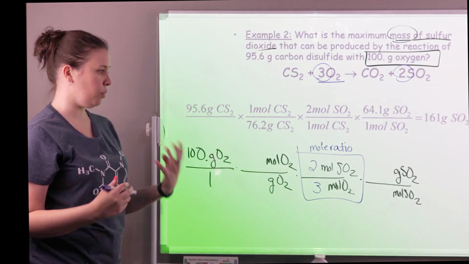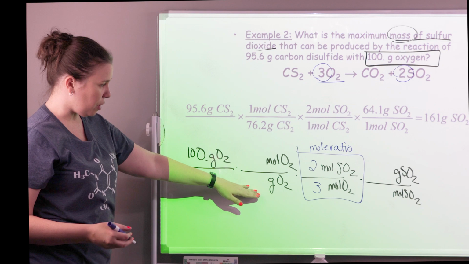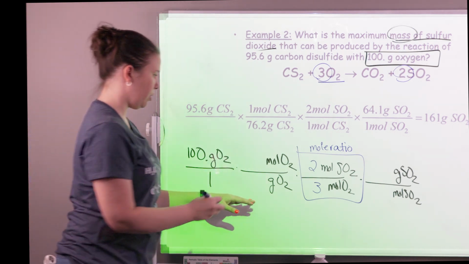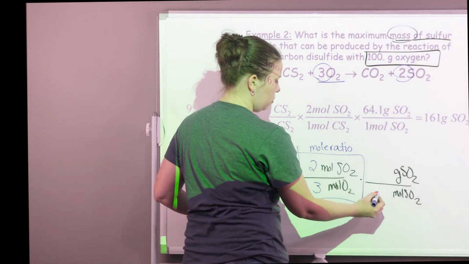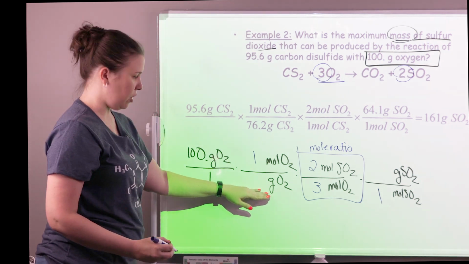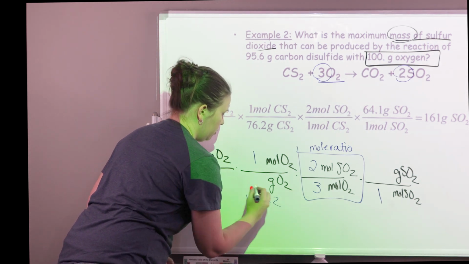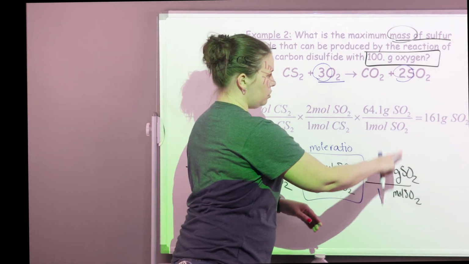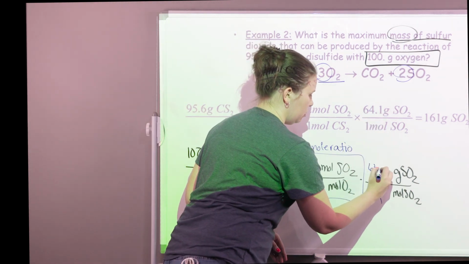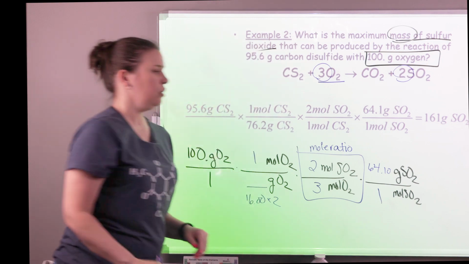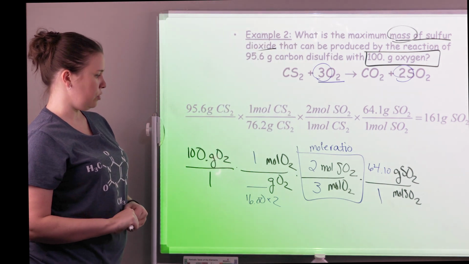So that's going to produce quite a different answer. On top of that, we're going to have a different molar mass since we're starting with oxygen. So first, let's plug in our 1 mole. Now the molar mass of oxygen would be 16 twice. And then SO2, we had already found. No need to find it again. Plug in our molar mass of the SO2.